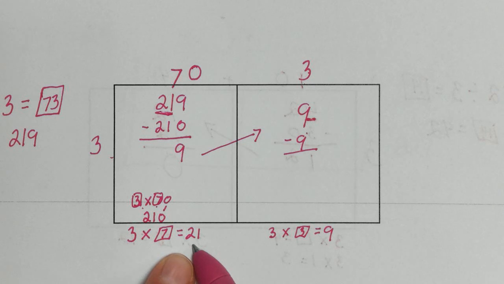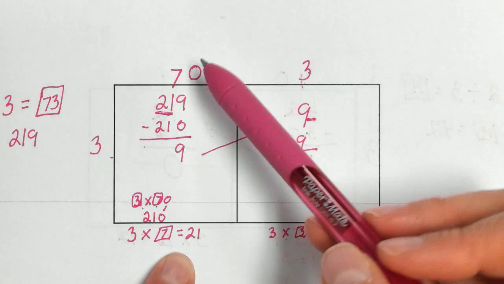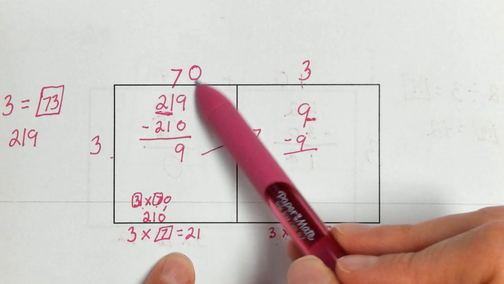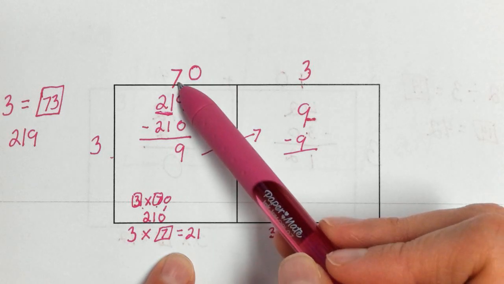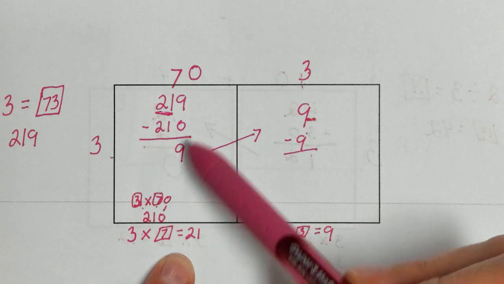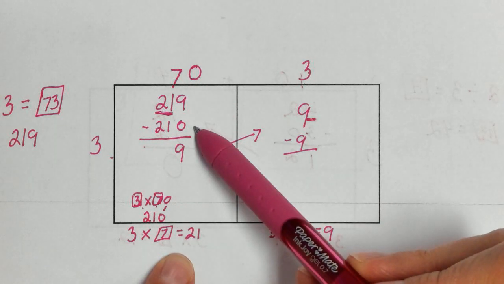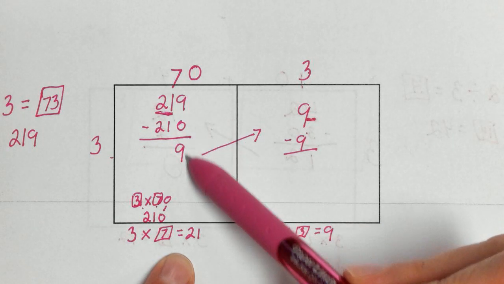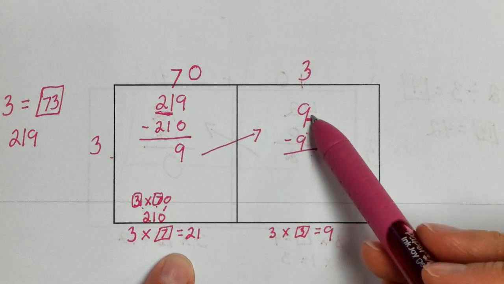So, remember, I'm building my multiplication problem backwards. So, I'm going to put the 7 up here with the 0, so now that's 70. So, I'm multiplying 70 times 3 to get my 210. I'm going to subtract that from the 219. And I'm going to come over and get the 9.